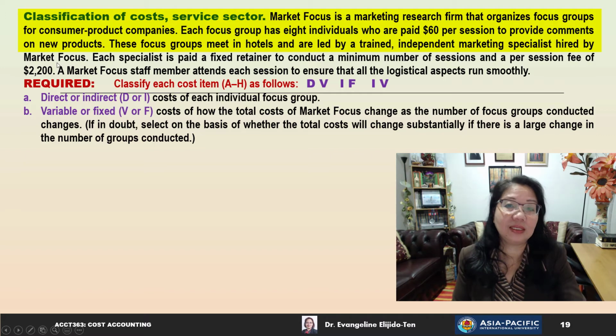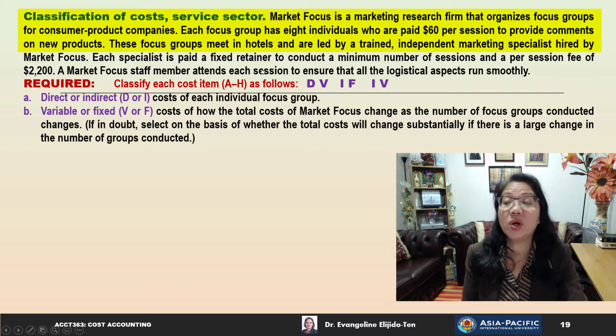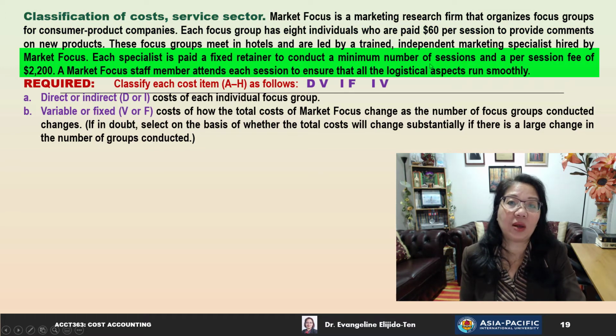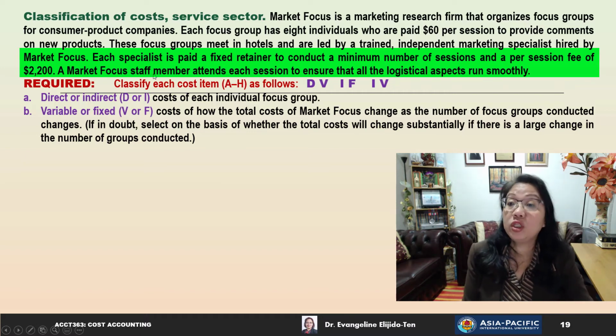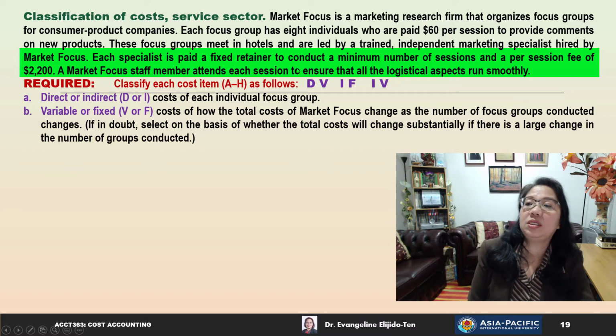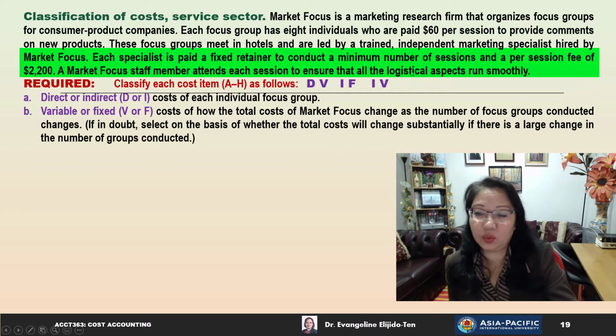Each specialist is paid a fixed retainer to conduct a minimum number of sessions and a per session fee of $2,200. A Market Focus staff member attends each session to ensure that all logistical aspects run smoothly.